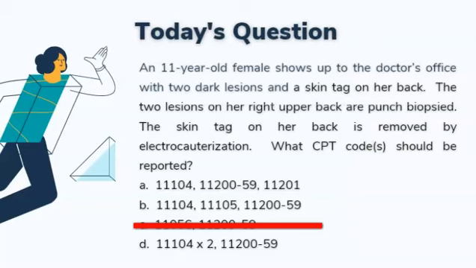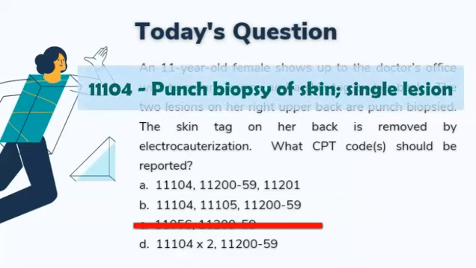All of the remaining letter answers, A, B, and D, have 11104 as their primary procedure. Remember, we are reporting for 2 lesions that were punch biopsied. In the CPT manual, 11104 is paired up with 11105. 11104 is used to report work on the first lesion.